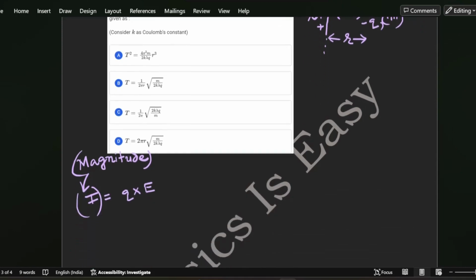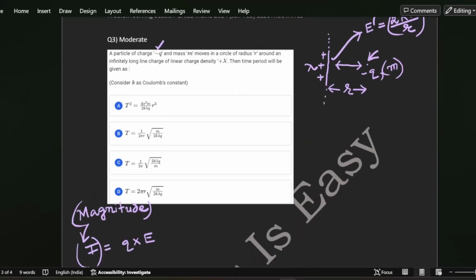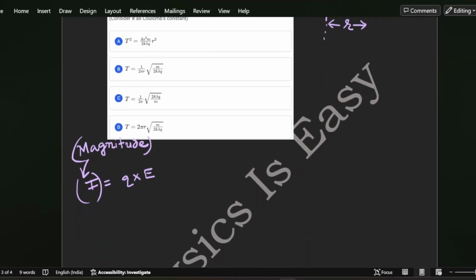Just remember this. This is very, very important, very easy. So the force becomes 2k lambda q divided by r, and because the charged particle is moving in a circular motion, this will also be equal to the centripetal force mv square by r.